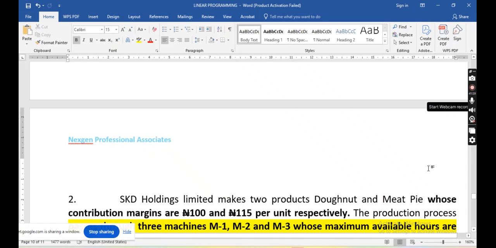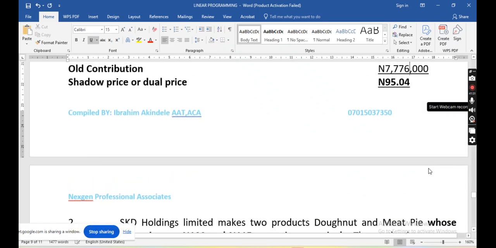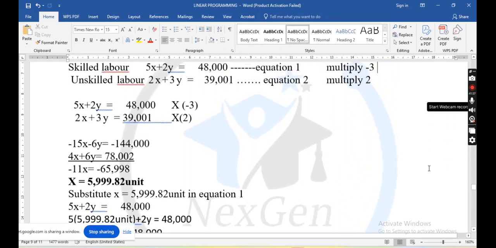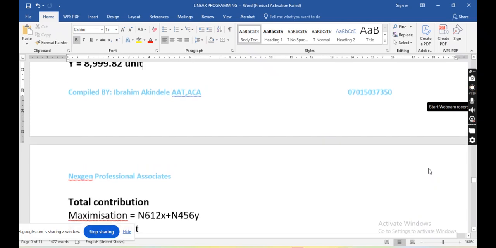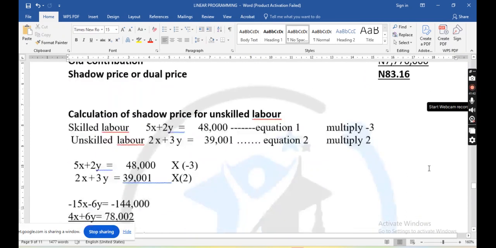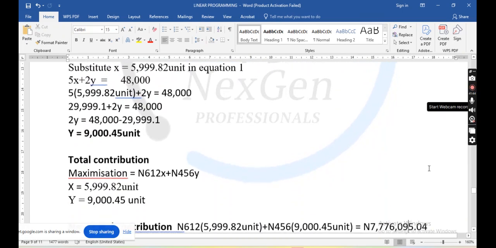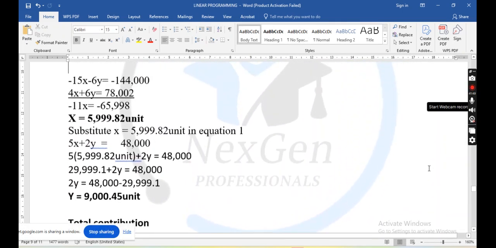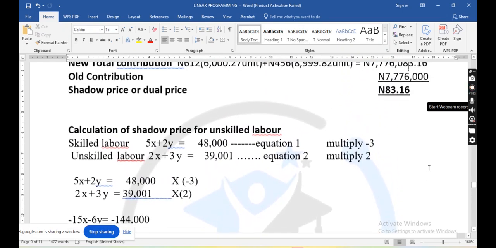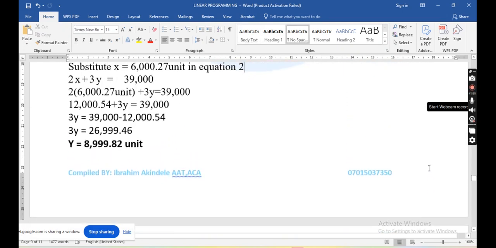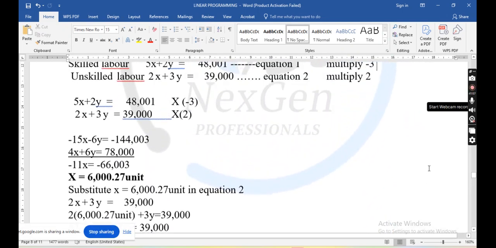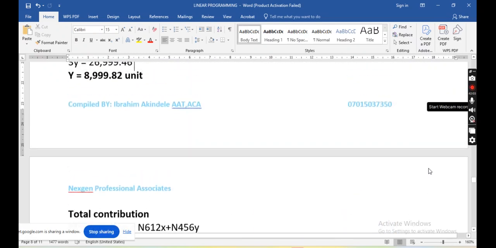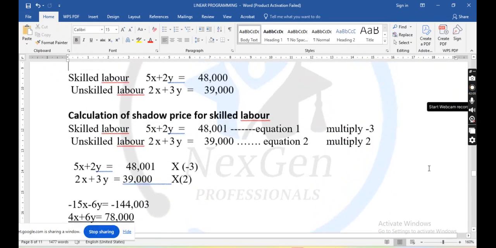It is as simple as ABC, right? The question is taken from ACCA as well as ICAN. So what if linear programming is your compulsory question? Last diet was variance analysis. Before last diet was limiting factor. What if you have linear programming? Nobody knows. Now, that is all about this part. And these are the shadow prices for the unskilled as well as skilled labor.